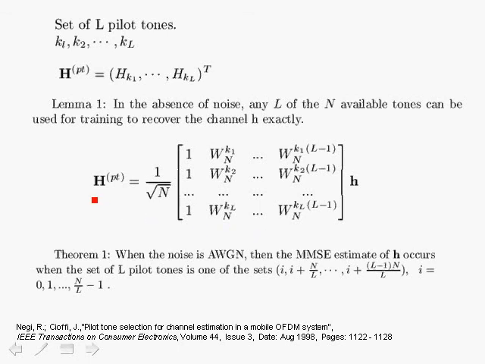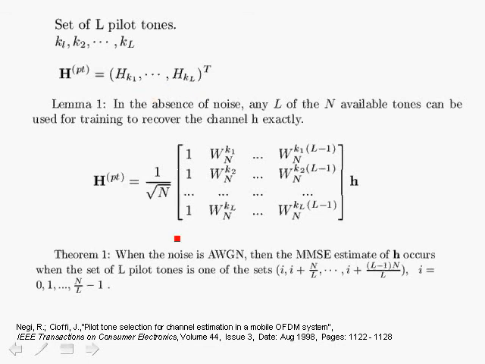So if at the receiver I have the estimated response of the channel at the pilot locations, and I have L of them, and I know this matrix here, then I can invert this matrix and actually compute H. For example, if I multiply both sides by the inverse of this matrix, then I get H is equal to the square root of n times the inverse of this matrix times H. And I know H because these are the actual estimates of the channel frequency response at the pilot locations.